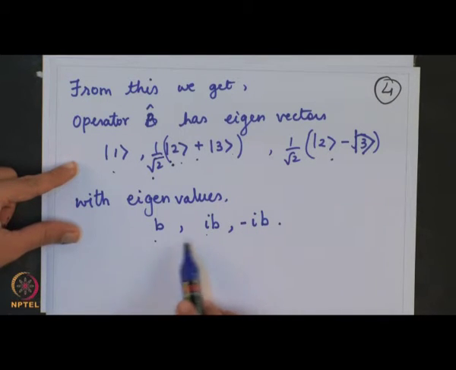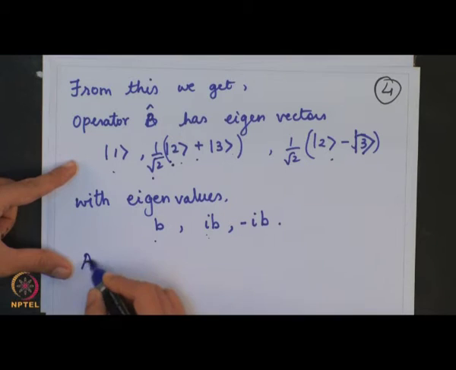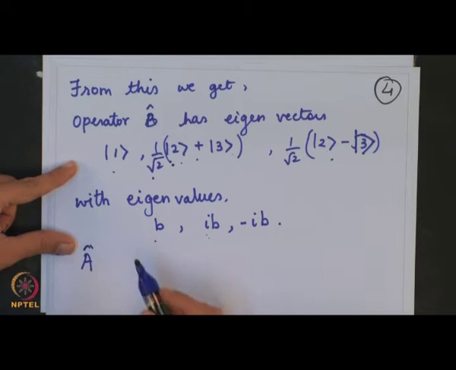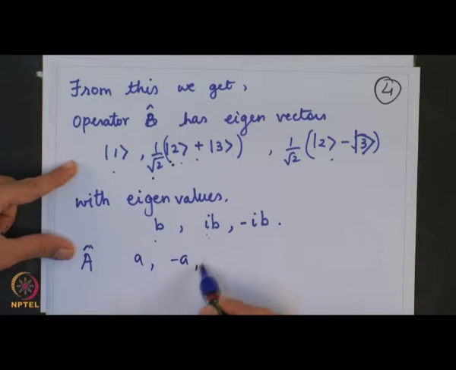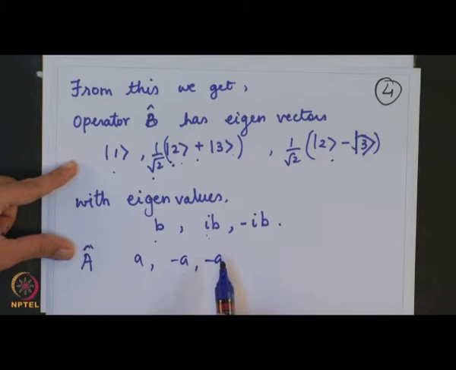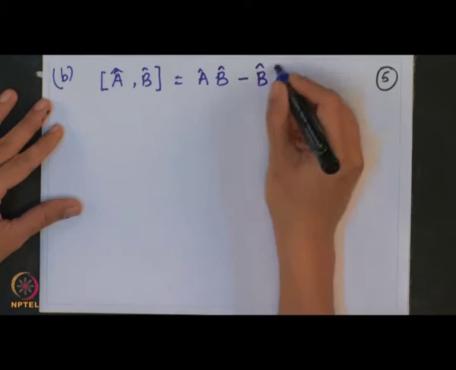So, you can see that these are non-degenerate. However, the operator A has eigenvalues a, minus a, minus a. So, this is a degenerate state for eigenvalue minus a.